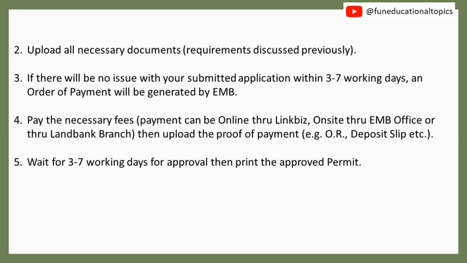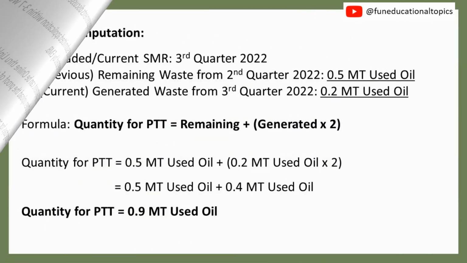Then upload the proof of payment such as official receipt or deposit slip, etc. And last but not the least is to wait for 3 to 7 working days for approval, then print the approved permit.